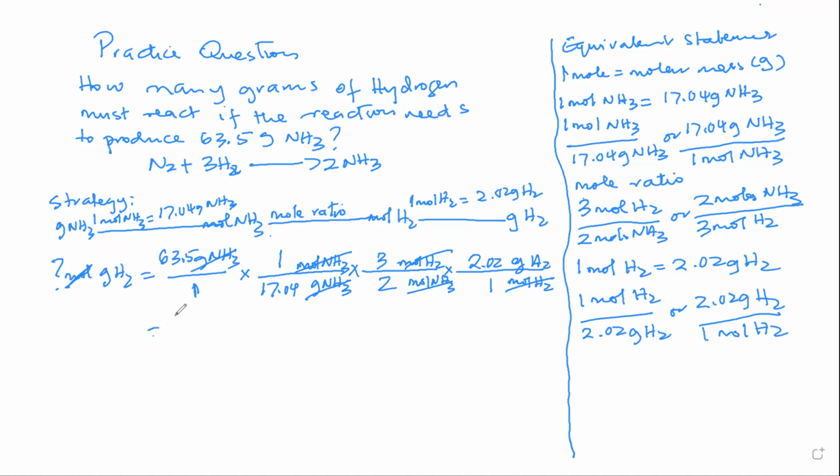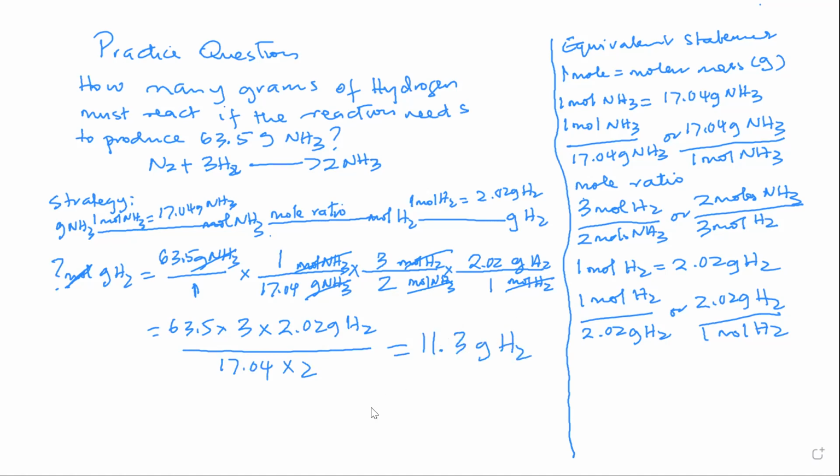Now it will be 63.5 times 3 times 2.02 grams of hydrogen all over 17.04 times 2. So that will give us 11.3 grams of hydrogen. Hopefully, you are able to get it correct.